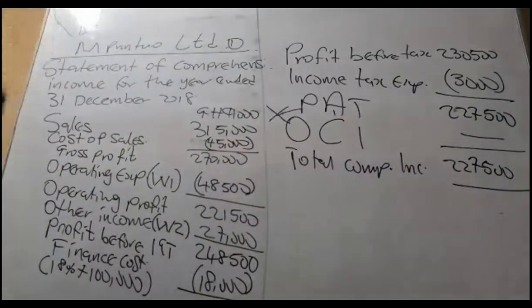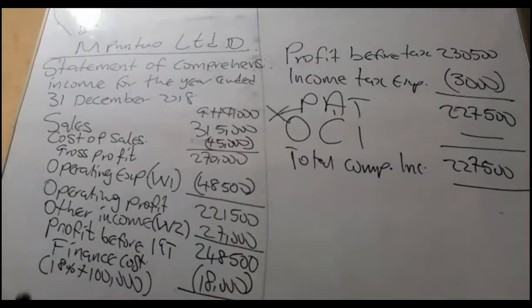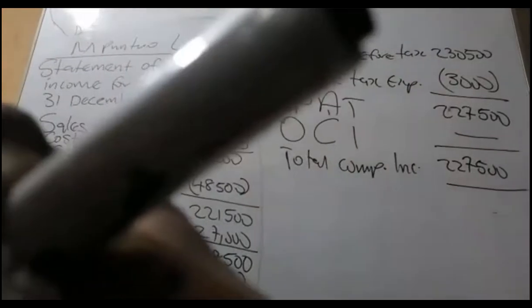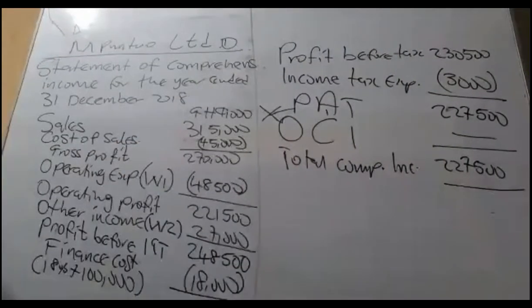That is how we are going to do that. And the OCI is dash because you're not tackling any item in the footnotes, because the OCI will be given to you in the footnotes. Okay, good.